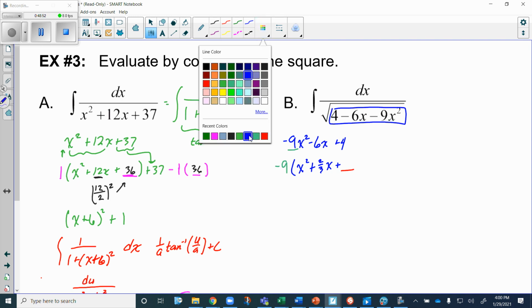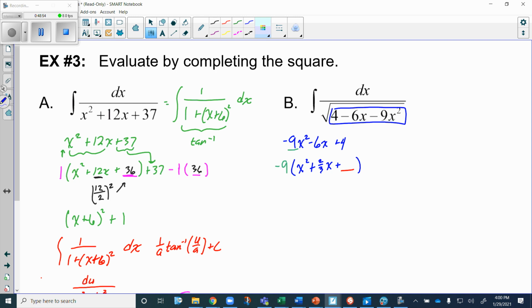You could probably do it in your head, but I just work it out as we go. The plus 4 gets left outside of the parentheses, so I say plus 4 here.